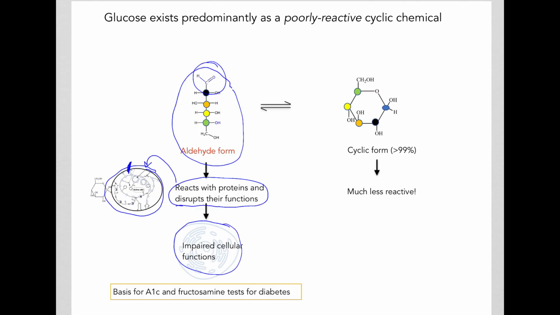And since proteins do most of the things for cells, that is going to impair the cellular functions. So this form here is actually the basis for this test called A1C and fructosamine that we talked about in a previous video on carbohydrates, and we'll briefly mention these tests later on in this video.